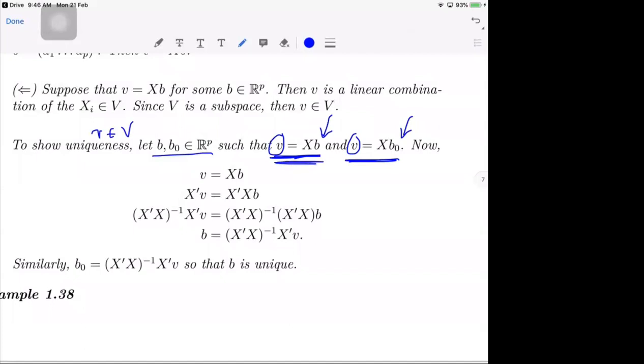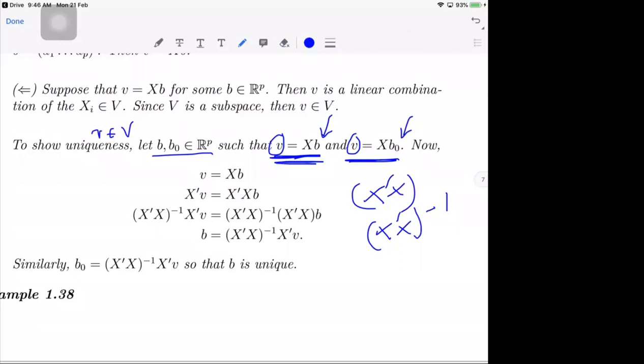So we'll start here. We will use the given X basis, the X matrix, which is a basis for V. So what we did here is just we pre-multiply it by X prime, and we will use the information that X prime X is invertible, so that if it is invertible, it has an inverse.